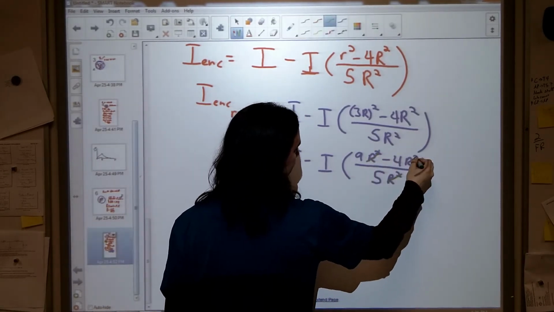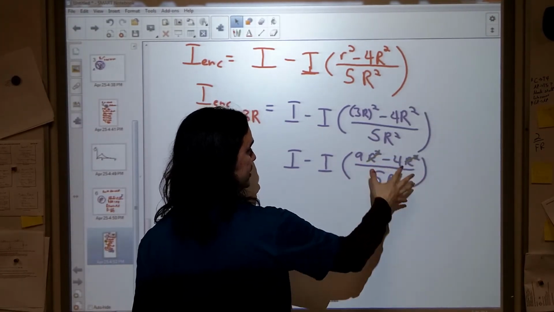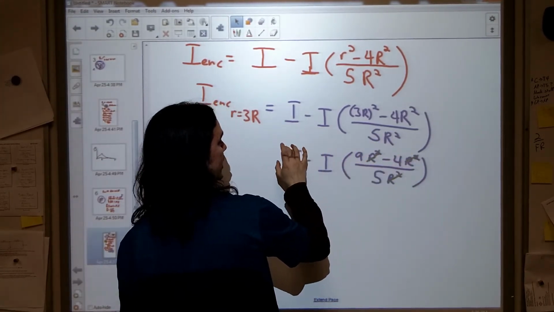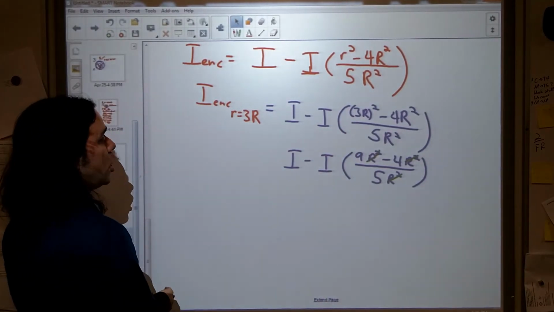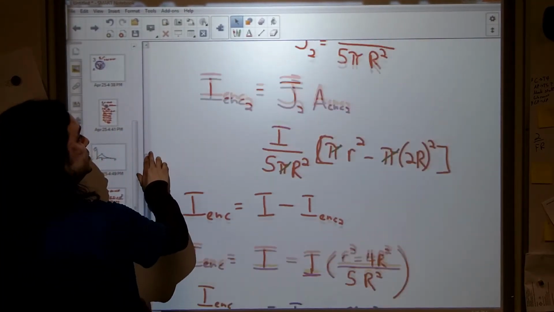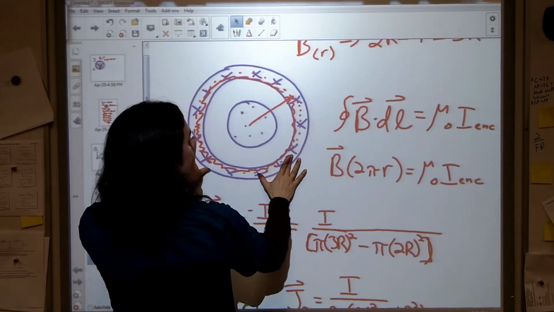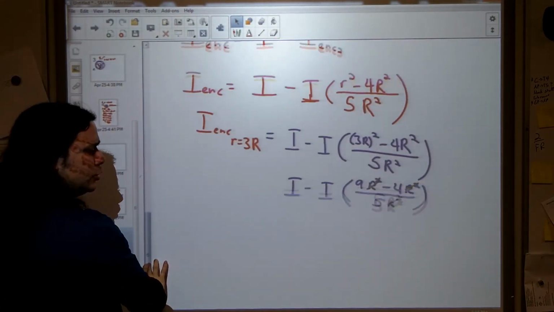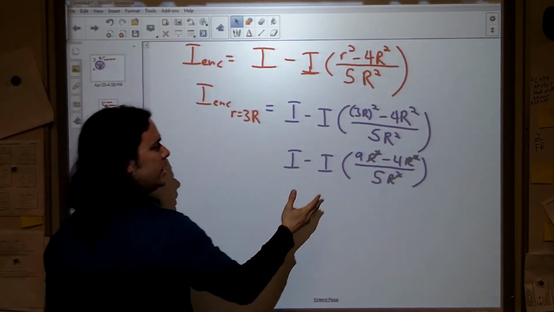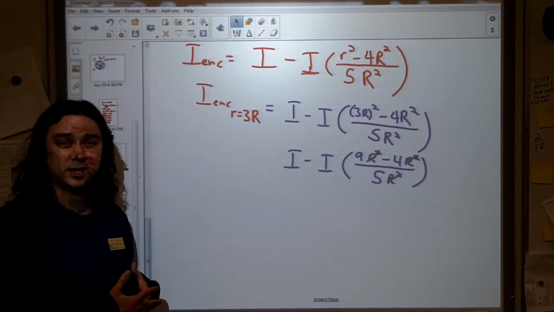The r squareds cancel out. And we have 9 minus 4, which is 5, divided by 5. This whole thing becomes 1, and we have the total current minus the total current, giving us a total enclosed current of 0 when little r is equal to 3 big R, and that matches with what we expect. It's a good thing whenever you get the chance to, if you've got the time, go through and double check your boundary conditions, what happens at the extremes.